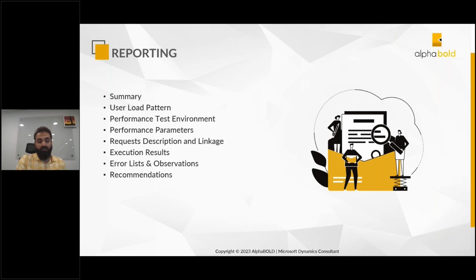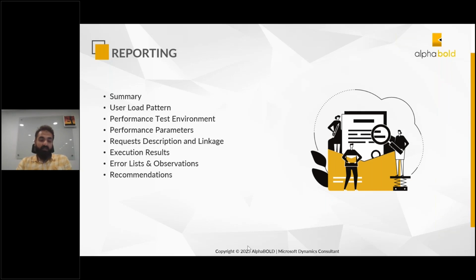So here we summarize each and every request that has been captured by JMeter. I give the example for further clarification over here. So if you have a login page and you have hooked up your JMeter tool with the login page, then there would be multiple requests such as hitting the URL, which would redirect us to the login page, then giving the credentials, and then clicking on the login button that will generate multiple requests.